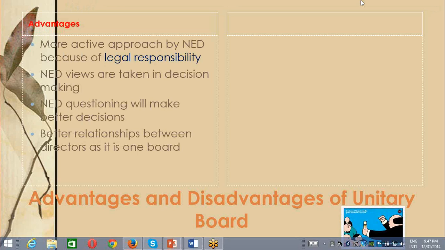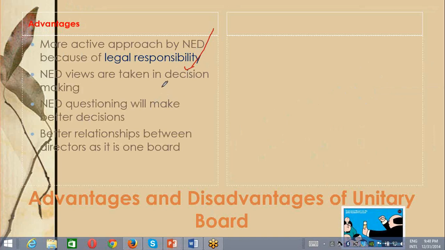Otherwise, they will sleep at the board meeting because they are not partakers of the thing. And NEDs' views are taken in decision making, and actually that is the very purpose why we have NEDs, because they are the people who have some outside experience. Having those people in your board, they bring a lot of outside experience into your company.